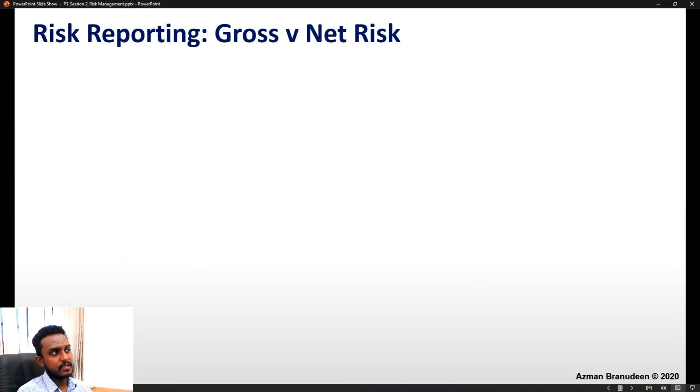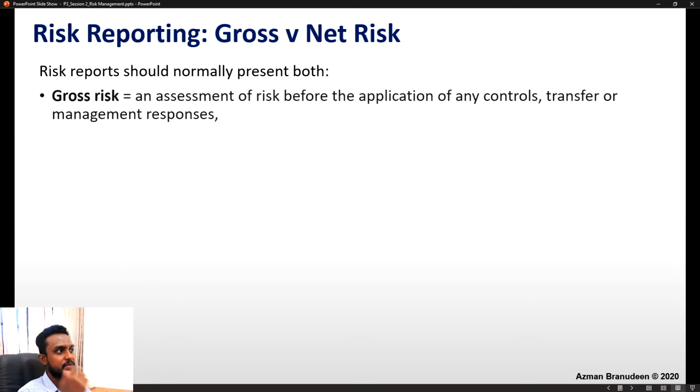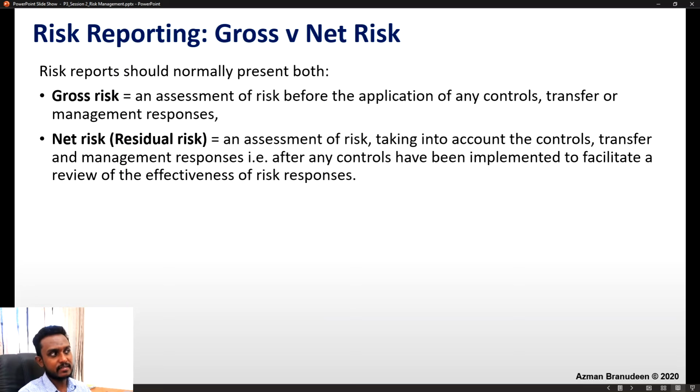Then we arrive at this discussion that I mentioned earlier, the net risk component, the residual component. You can look at the embedding of this information in a risk report by presenting both the gross risk and the net risk. As the terms suggest, gross risk is an assessment of risk before you apply any controls, transfer or management responses.